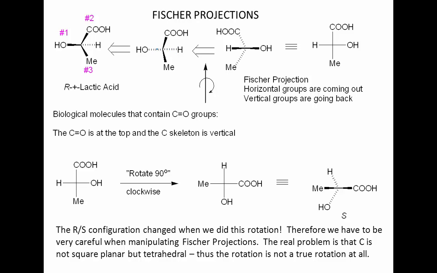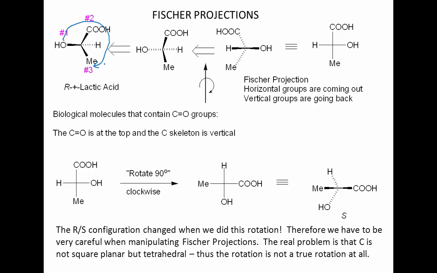And I'm going to do just a very slight rotation so that hydrogen is perfectly to the back. So you can see here that OH is 1, COOH is 2, and this is 3. And our arrow is going in a clockwise direction.